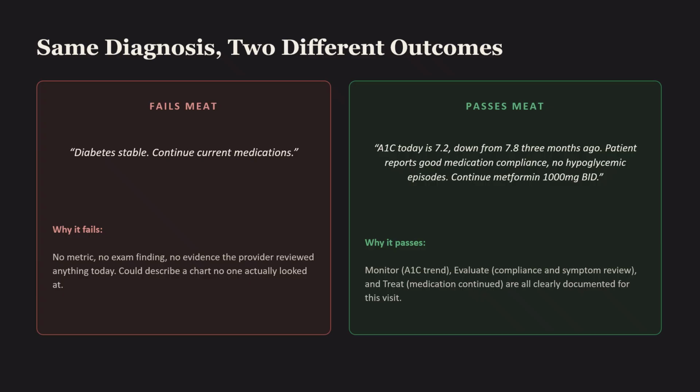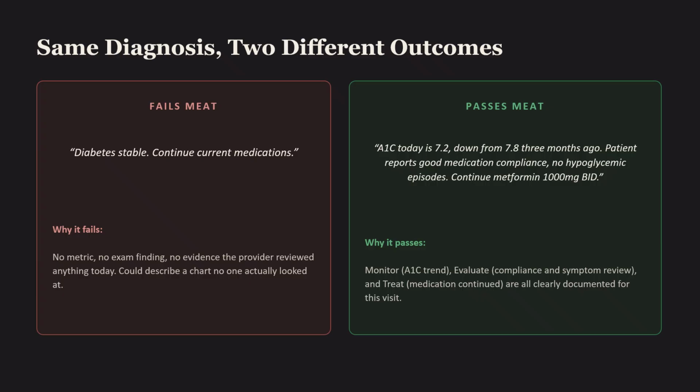On the right, this note would pass for the exact same diagnosis. A1C today is 7.2, down from 7.8 3 months ago. Patient reports good medication compliance, no hypoglycemic episodes, continue metformin, 1,000 milligrams twice daily. So look what's actually happening in that second note.